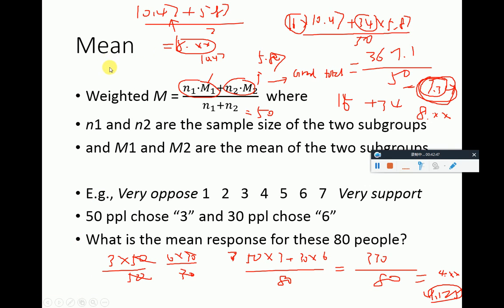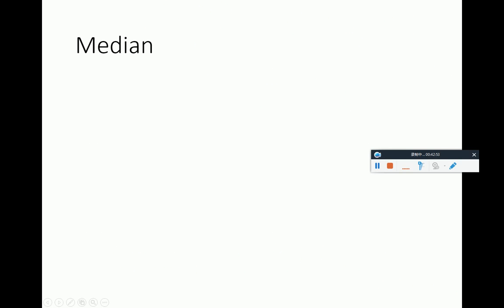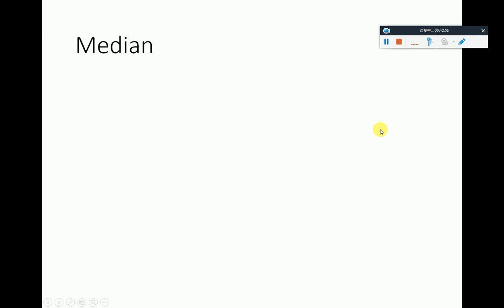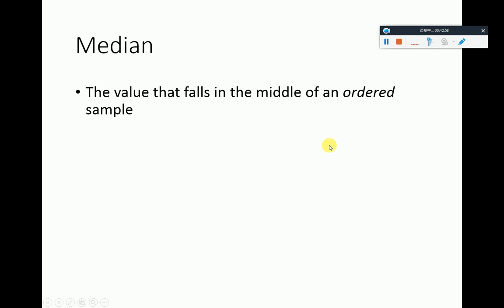Okay, so this is our second type of central tendency statistic. The last central tendency statistic is the median. The median is the value, as we defined before, that falls right at the center of an ordered sample. This is very important, and that's why I italicized this word here. Ordered sample, what does it mean?